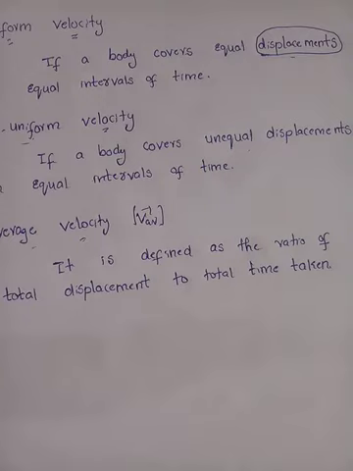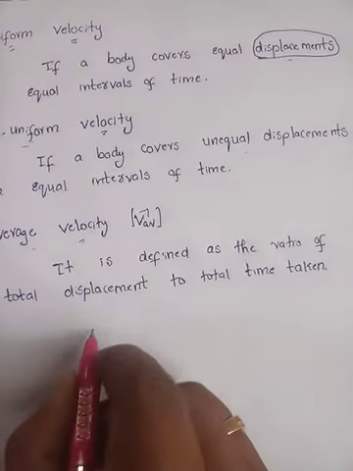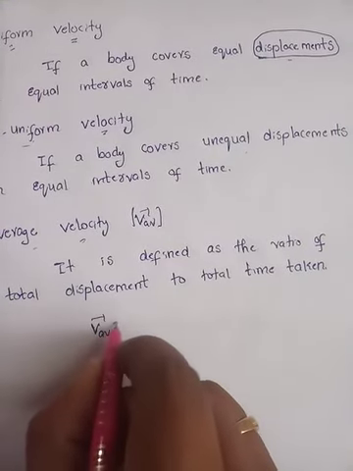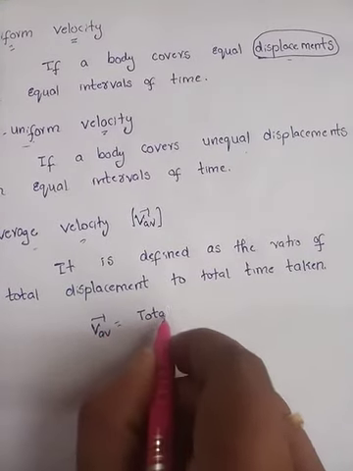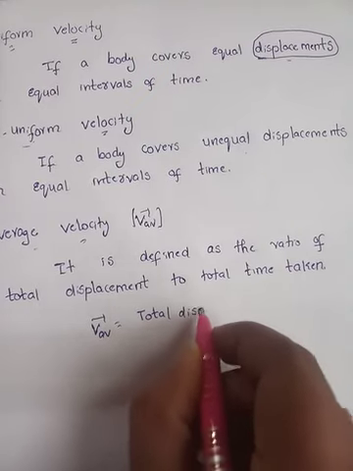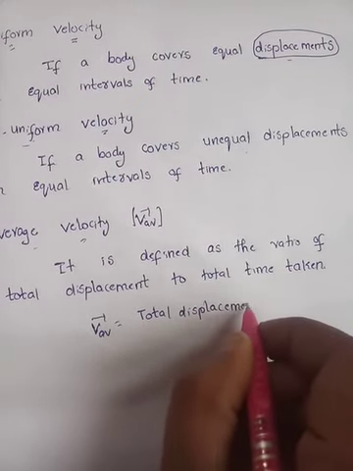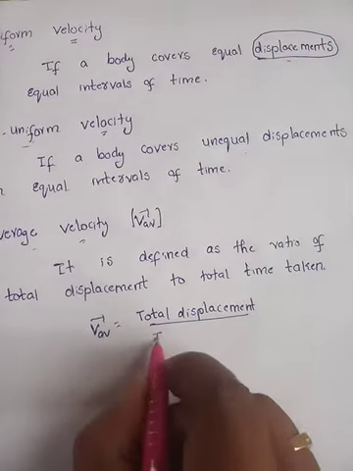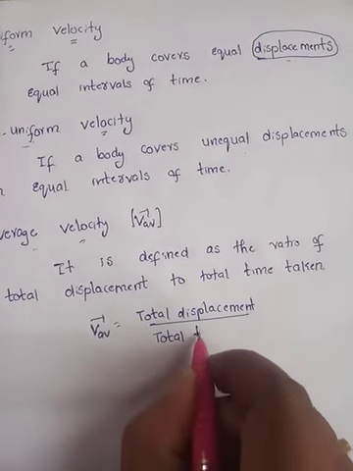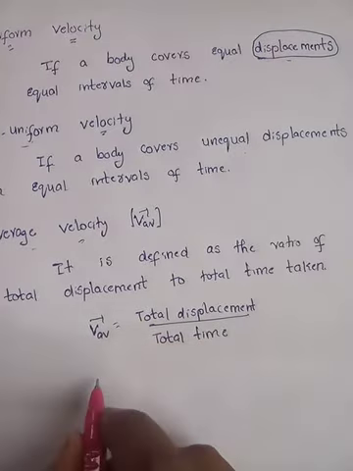Total distance to total time taken is called average speed. Total displacement to total time is called average velocity. So V average equals total displacement by total time taken.